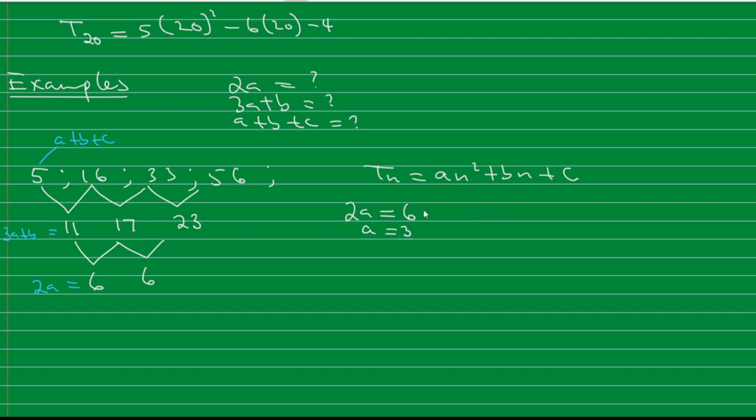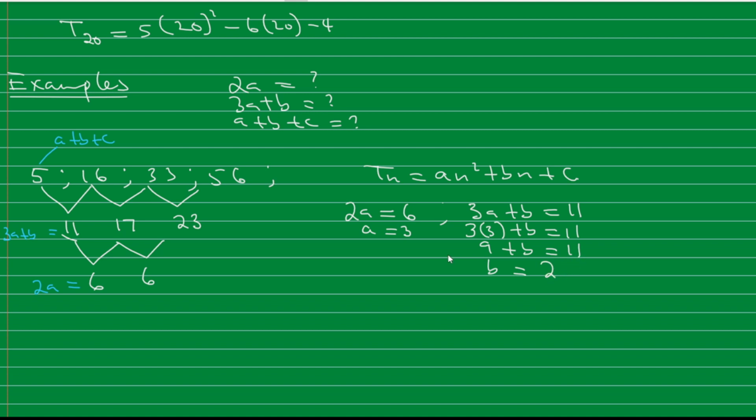Then I come to the first term in my row of first differences. This is 3A plus B, so 3A plus B is 11. That gives 3 times 3 plus B is equal to 11. So 9 plus B is 11, so my B is 2.